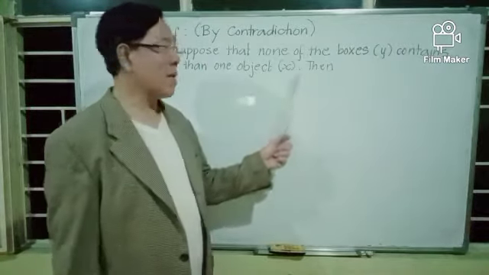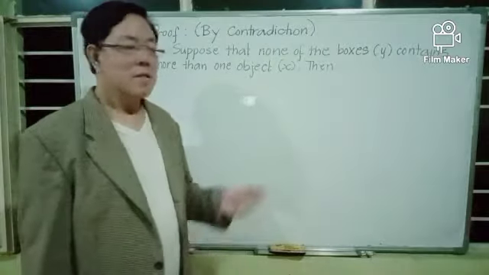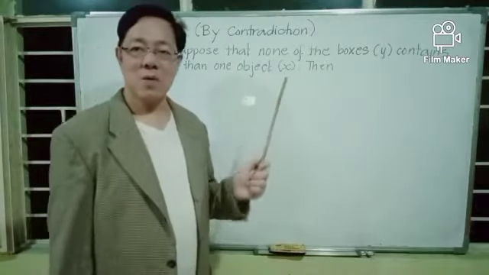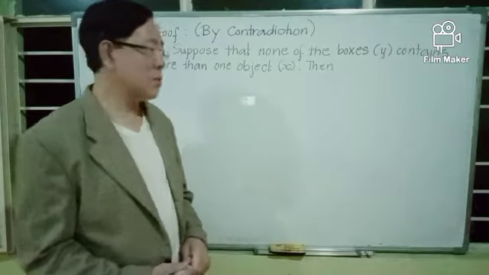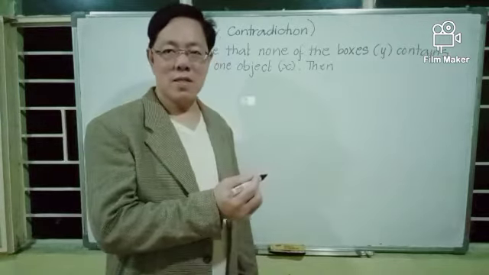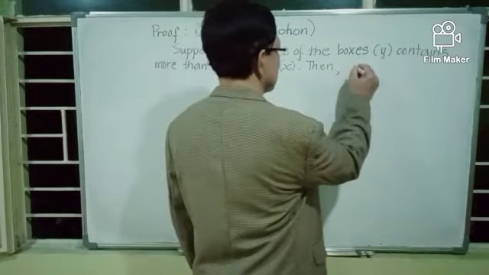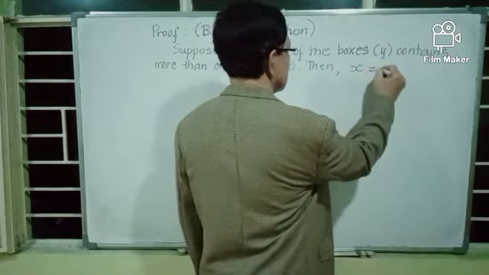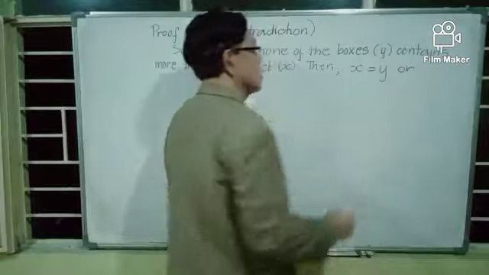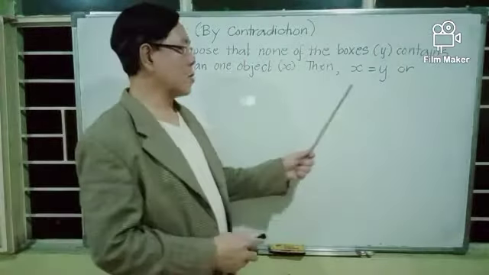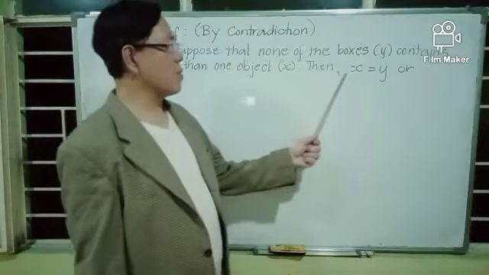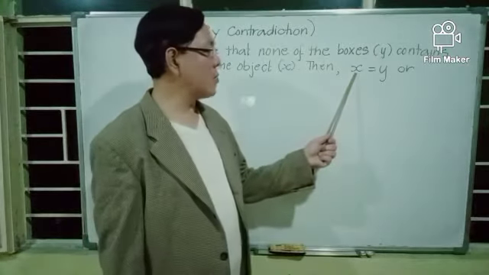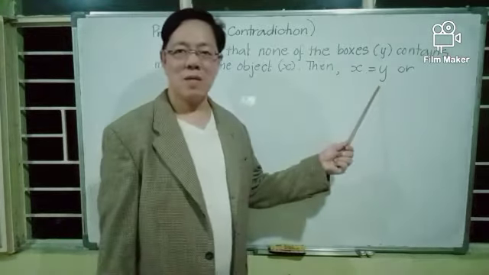So we write then this assumption, the opposite of the conclusion of the pigeonhole principle, leads to the statement x is equal to y. If this is true, then we say that the number of objects is equal to the number of boxes.